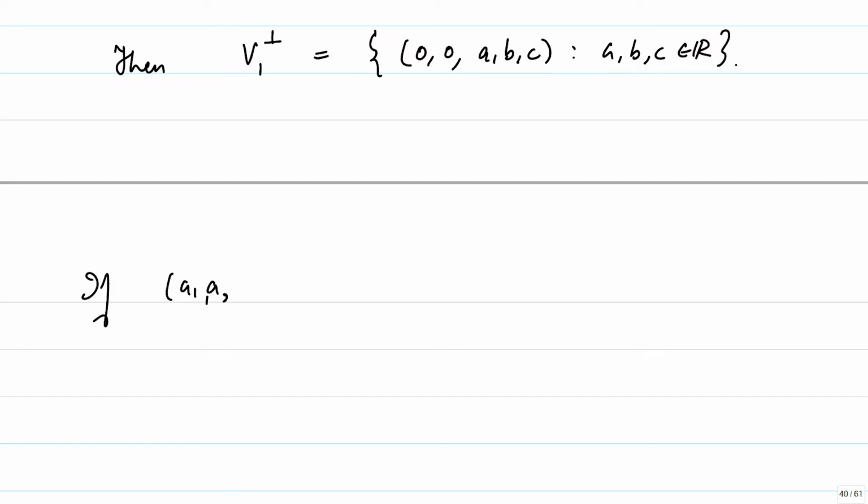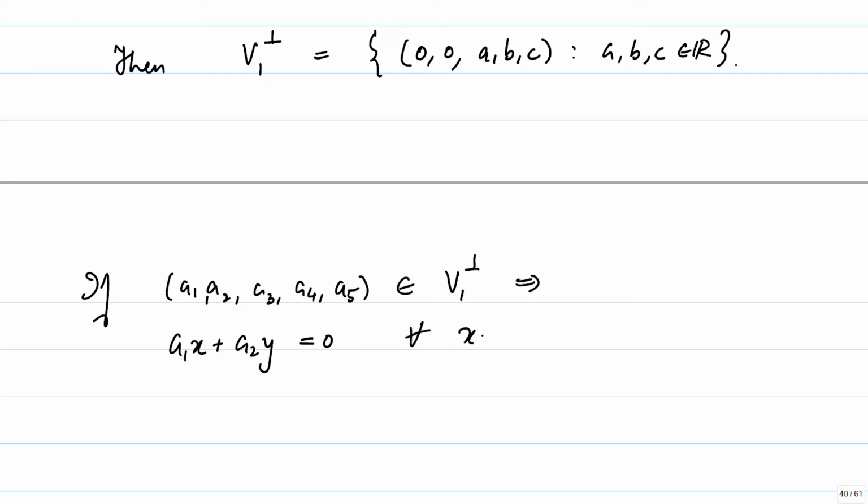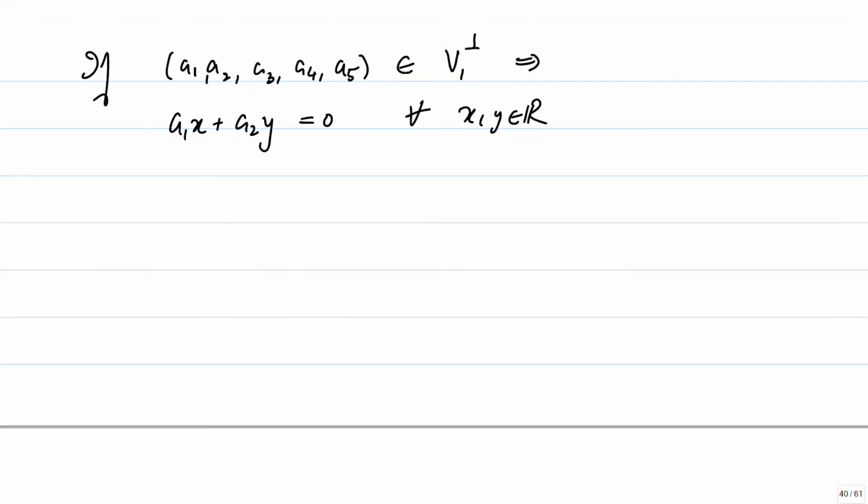So if (a1, a2, a3, a4, a5) belongs to V1 orthogonal, what does that mean? This means that a1x plus a2y is equal to 0 for all x, y belonging to R. So in particular, this would force a1 to be equal to 0 and a2 to be equal to 0. There is no other restriction, however, for this to happen.